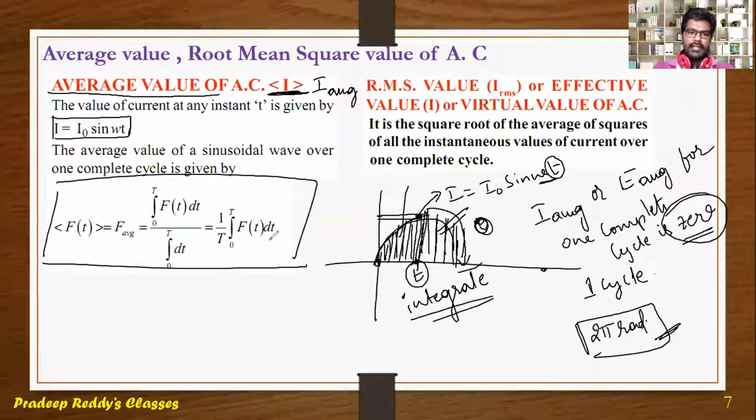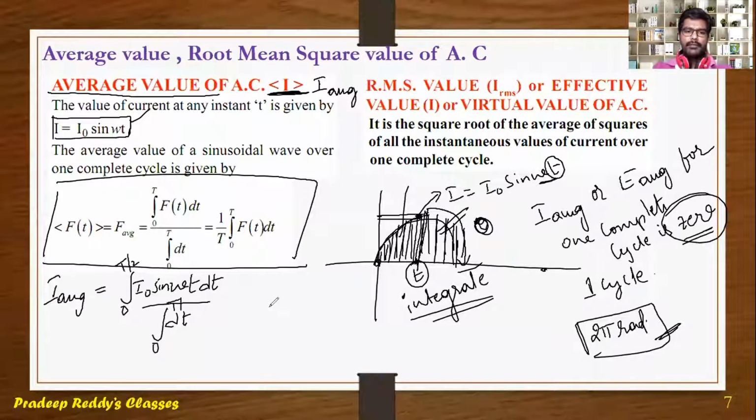I average can be simply given by this function. I'll just take this function and substitute here within the time limits of 0 to T by 2. So I average is equal to the integration from 0 to T by 2, half of the total time period, of I naught sine omega t dt, divided by the integration of dt over the same limits.